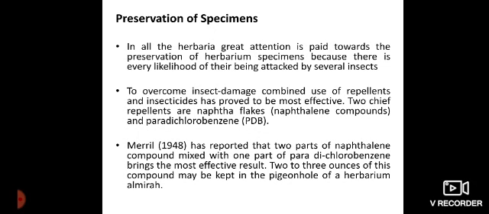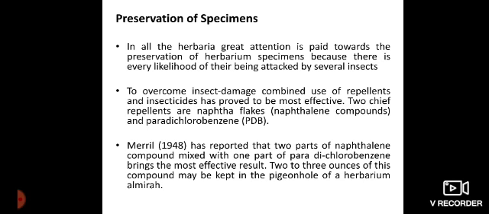So preservation is very much important. In all the herbaria, great attention is paid towards the preservation of herbarium specimens because there is every likelihood of their being attracted by several insects. So proper insecticides or repellents have to be applied.